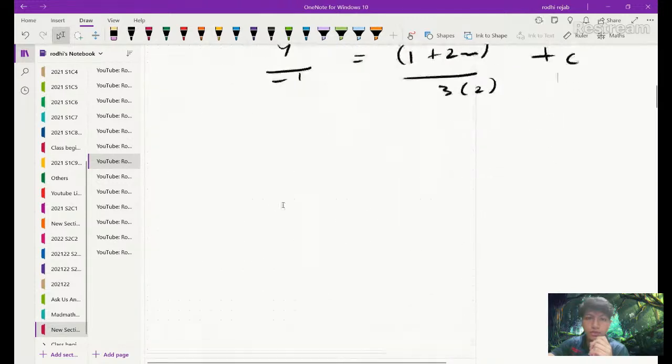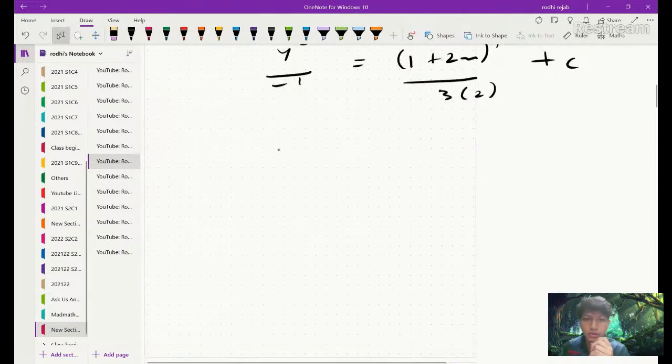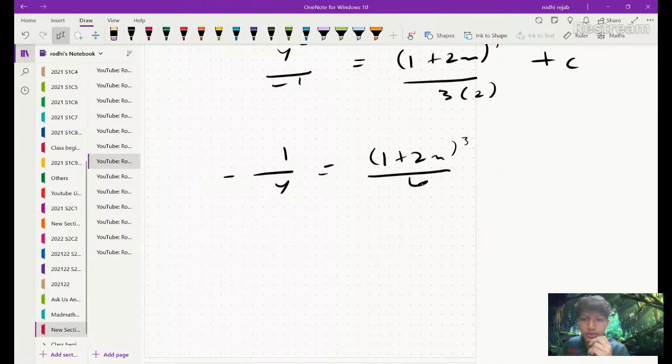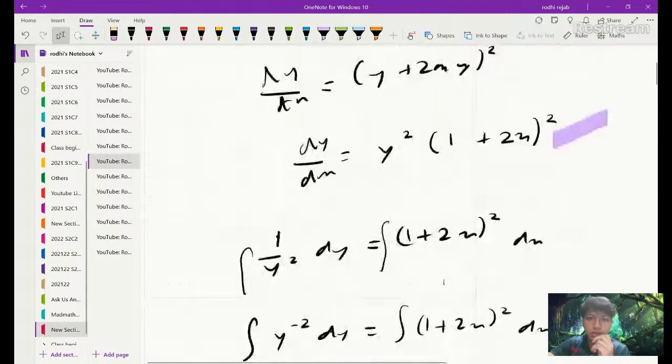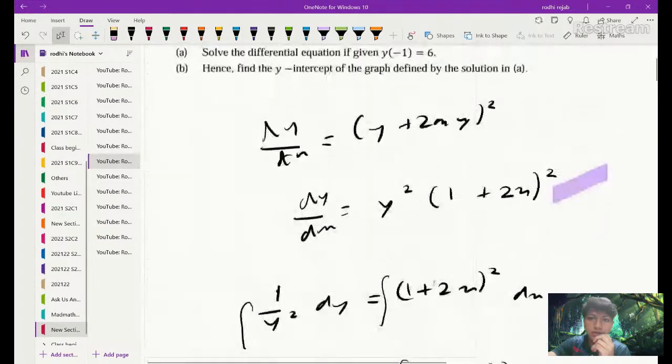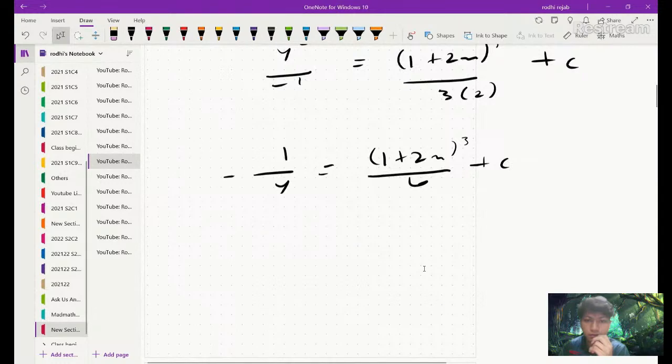So to simplify, we will get 1 over y is equal to 1 plus 2x cube over 6 plus c. So dekat soalan dibagi x is equal to negative 1, y equal to 6.